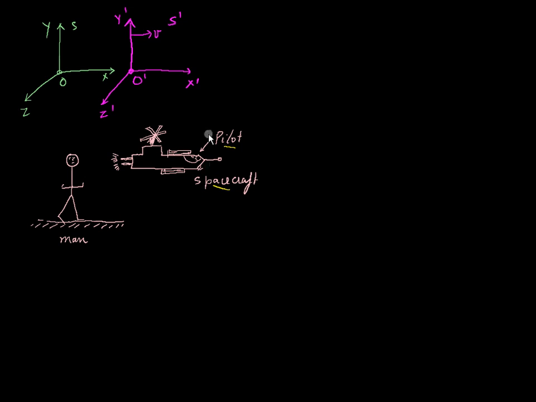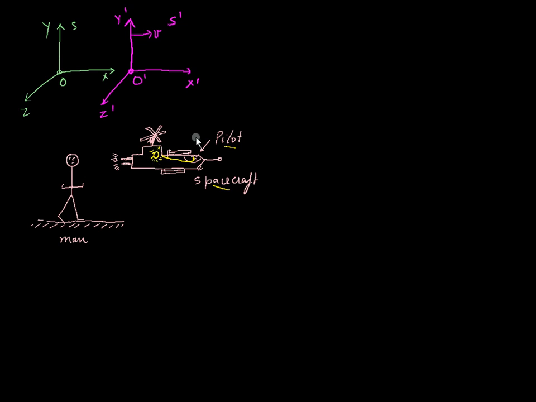If anything happens in the moving frame, S prime is the moving frame, that is the spacecraft. Suppose a bomb explodes in the spacecraft, this is the event, and this event is observed by the observer O prime. So he will say that this bomb exploded in the spacecraft at this place at this time.